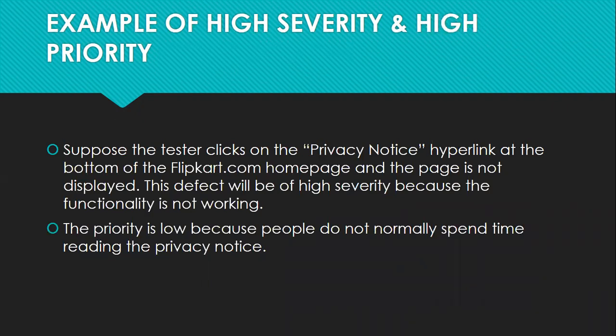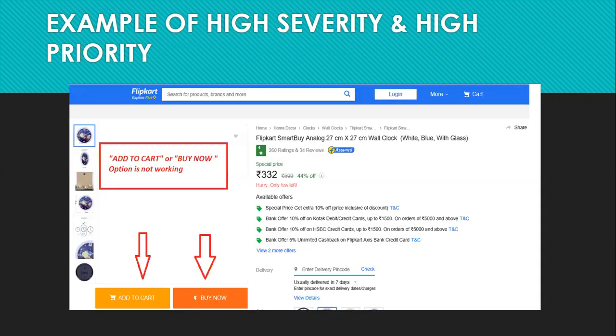Then comes high severity and high priority. Let's say I am trying to purchase some product on flipkart.com, the product is a wall clock, and I'm trying to purchase it, but the add to cart button or buy now option is not working.